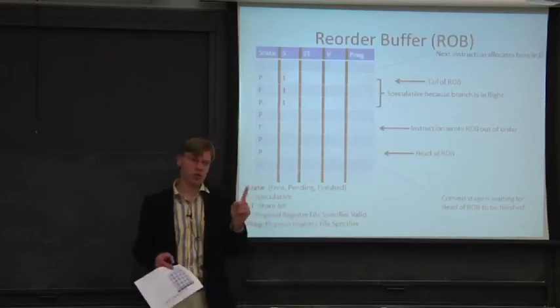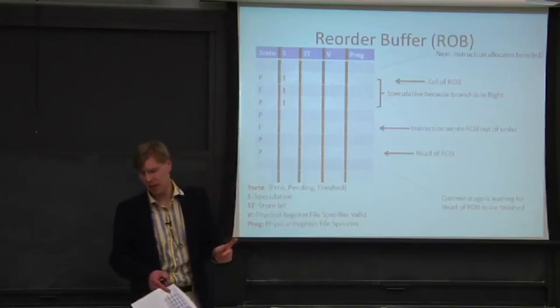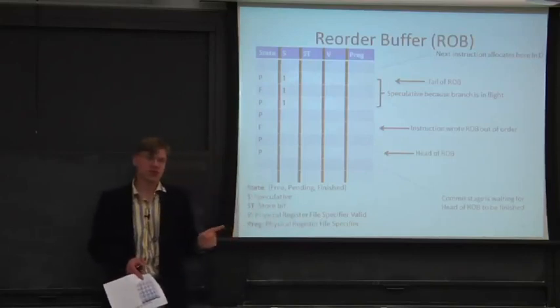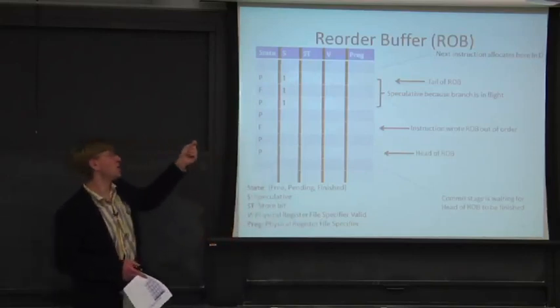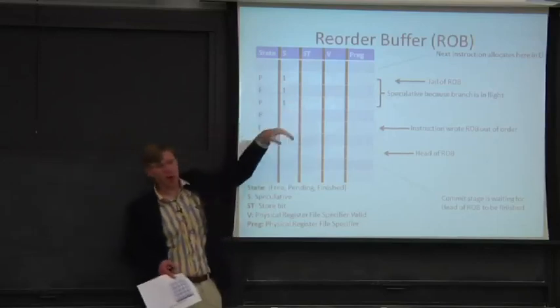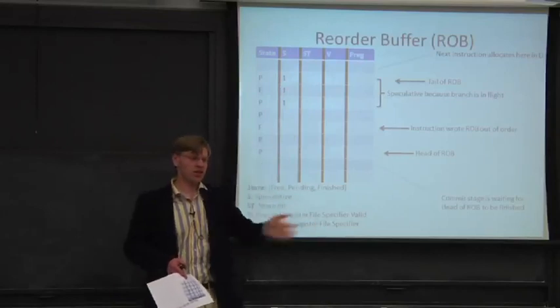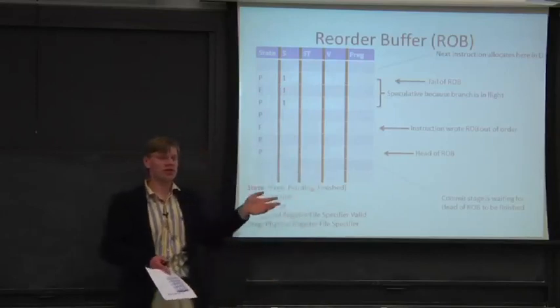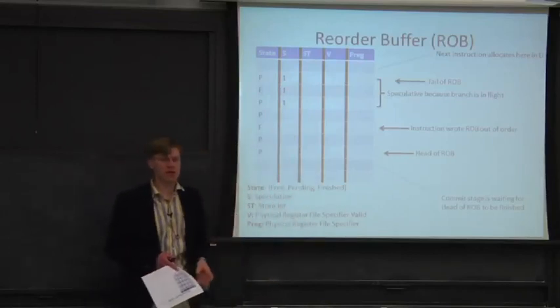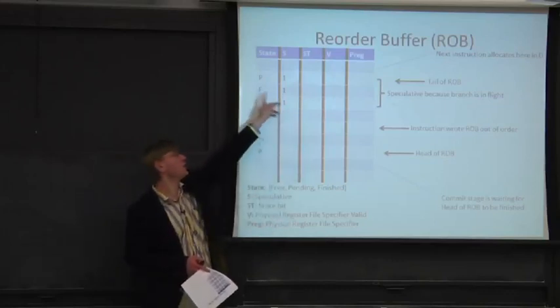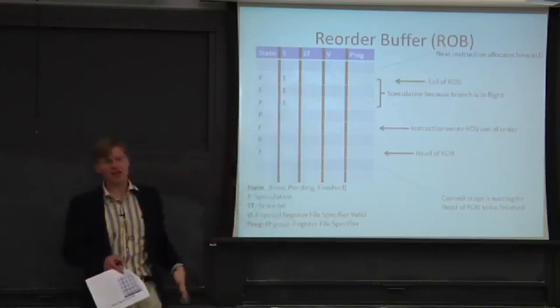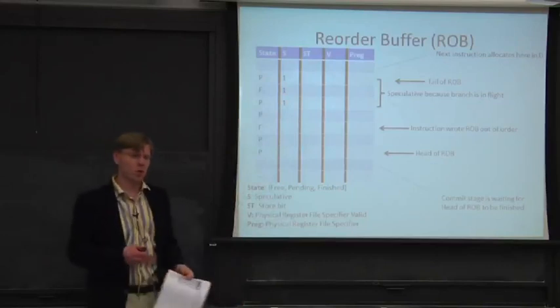So if, let's say, one branch is allowed in the pipe at a time, and the branch mispredicts, you can look for all the entries in here that have ones and just invalidate them and flush the entire pipe. You don't have to worry about there being some value you need to worry about. It's just a convenient way to figure out which instructions are speculative, and if the branch is mispredicted, what you have to kill.